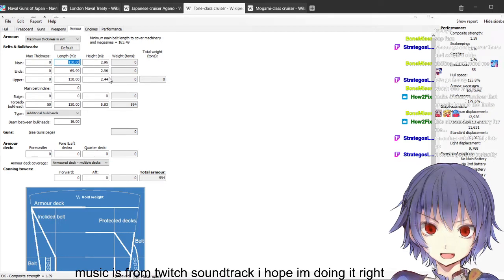The guns, the magazines, and the machinery have to fit in this 130 meters generally. You can make it smaller, you can make it larger, but the recommended is 65 for a minimum percent of the hull. For SpringSharp at least. In real life, they want to be inside and outside that all the time.